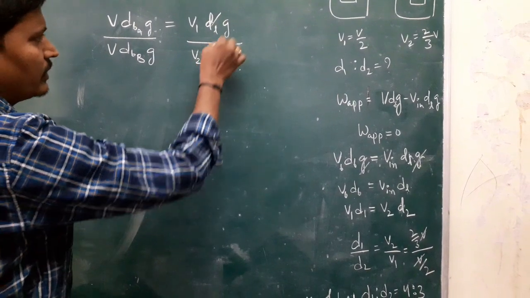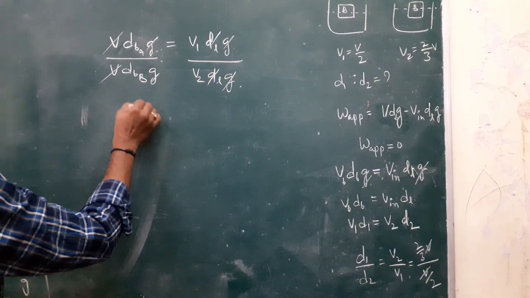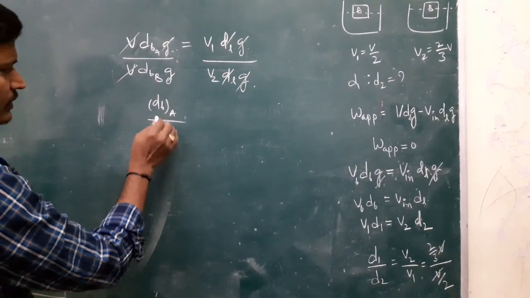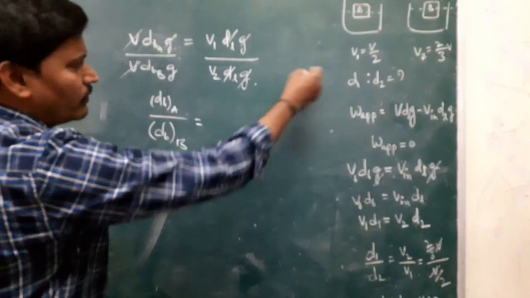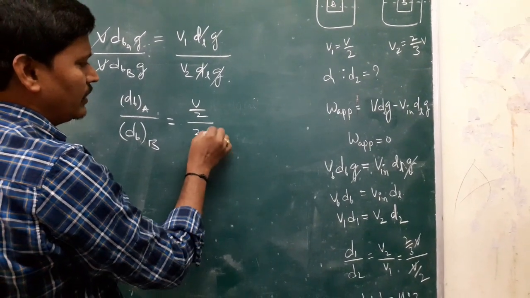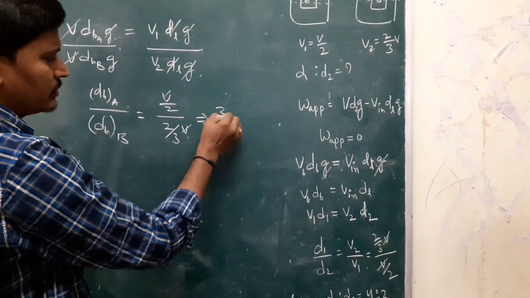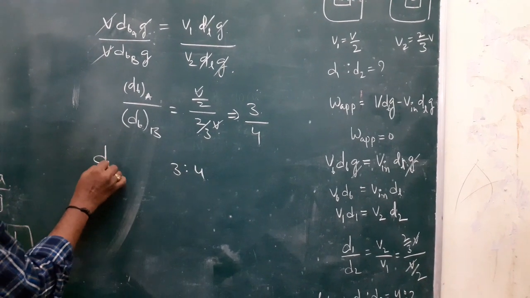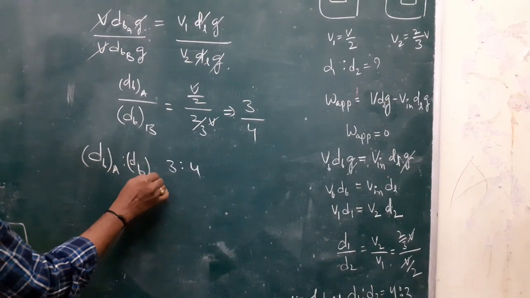So dl gets cancelled, g gets cancelled, V gets cancelled. dB of A divided by dB of B is equal to V by 2 divided by 2 by 3 of V. V gets cancelled, so 3 by 4. This is 3:4. This is the ratio of density of body A to density of body B.